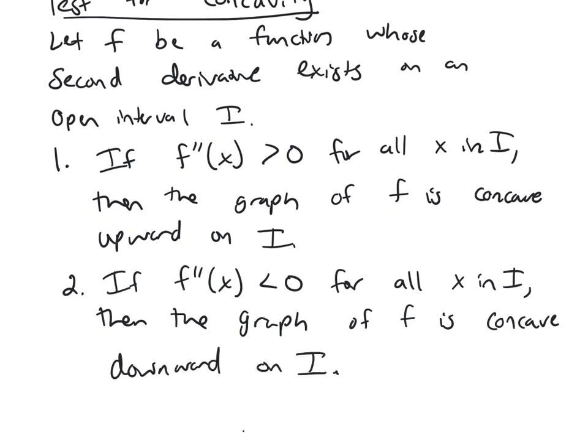So again, I'll underline the most vital pieces: if your second derivative is bigger than 0, if it's positive, it's concave up. If the second derivative is less than 0, if it's negative, your graph is going to be concave down.